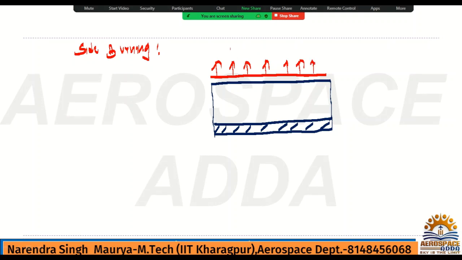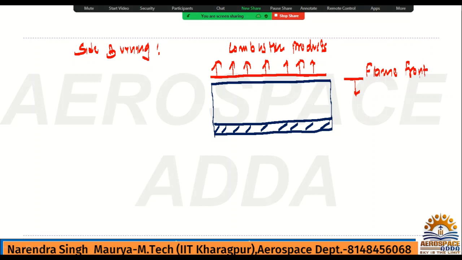And we have combustion products here. This is now the combustion products, and our flame will move in this way. This is the flame front or flame motion, and here the burning rate, R dot, you will show this way.